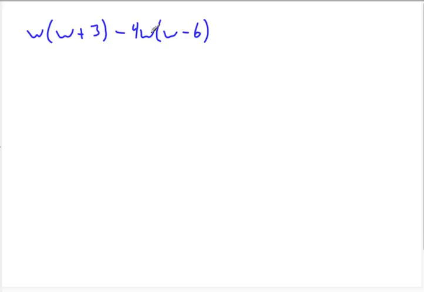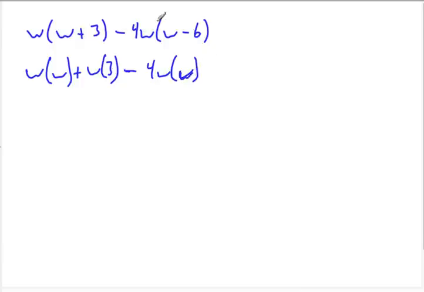Here we have actually two cases of distributive property simplification here, so we just do them separately. So notice the w here is only multiplying this first set of parentheses. So that's all we're going to worry about at first here. So the w and the w are going to multiply together, and then the w and the 3, and those are both positive, right? Now here we have a negative times a positive, so we're going to say negative, and then we have 4w times w.